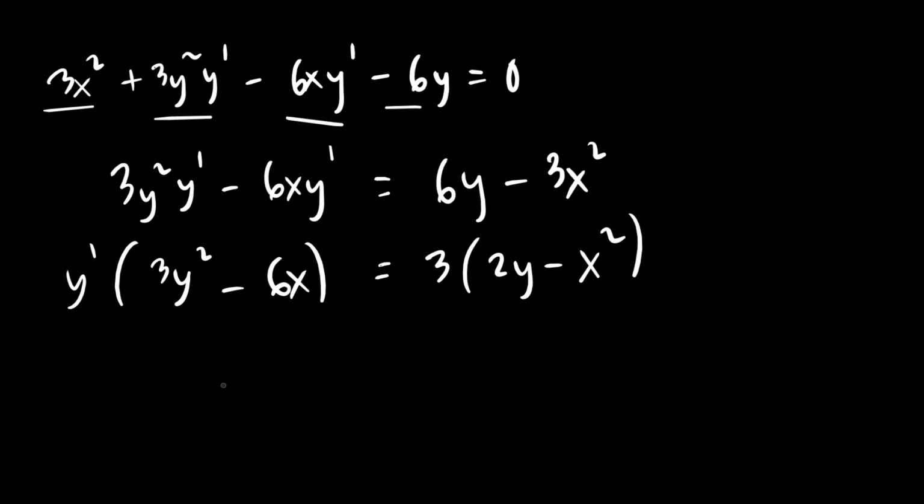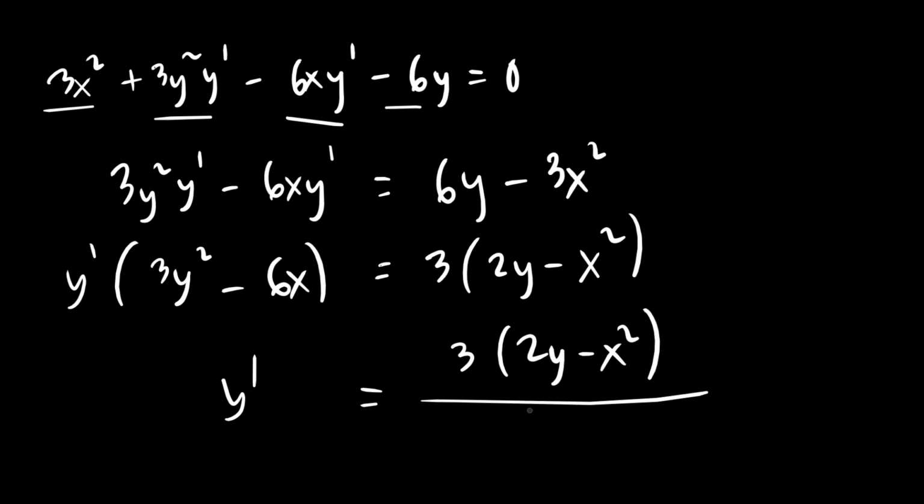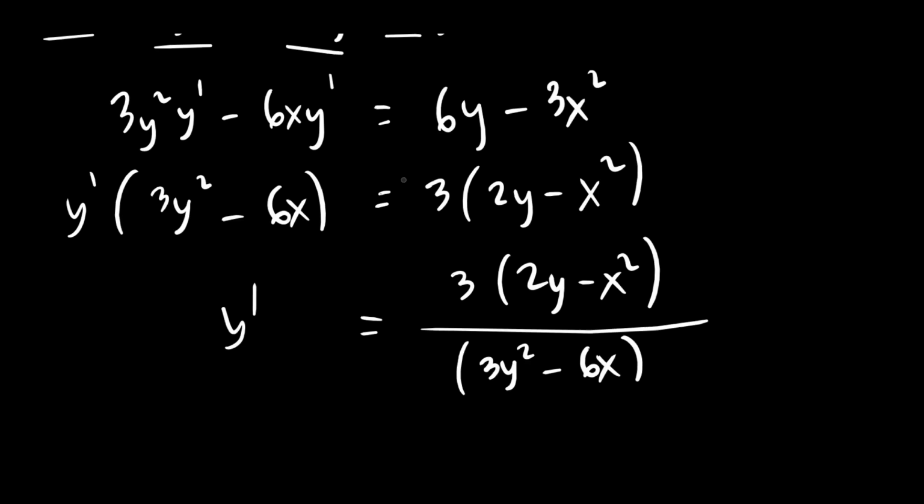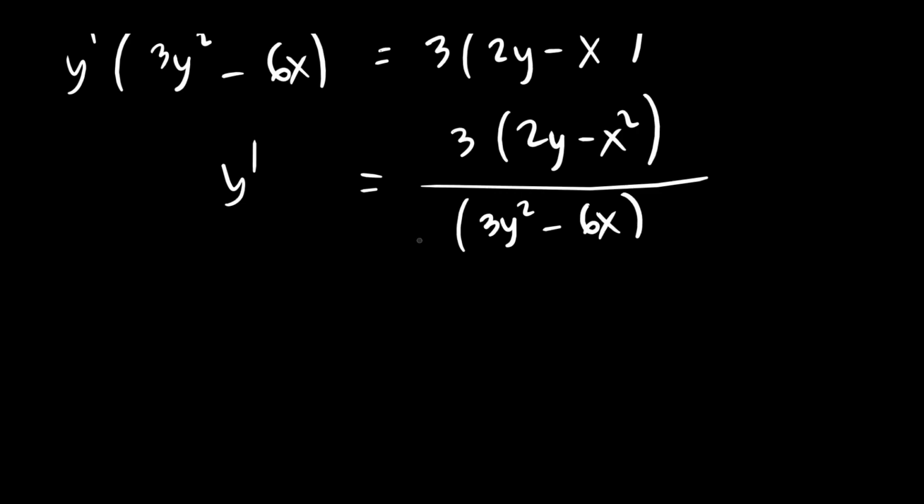So divide both sides. So y prime is 3 multiplied by 2y minus x squared all over 3y squared minus 6x. So the 3 here can also be factored in the denominator.